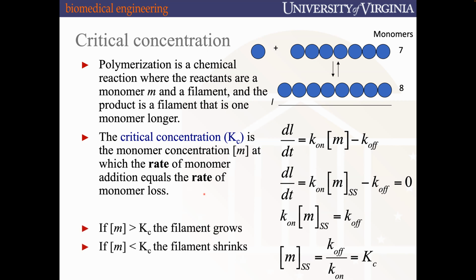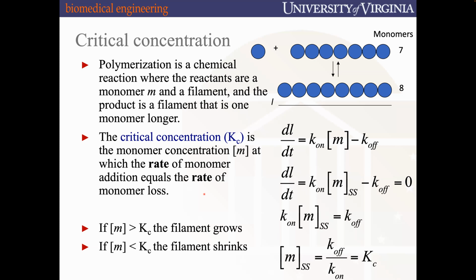Okay, and a reason why we would want to do this is because it becomes a really useful tool functionally. If you think about the concentration where this polymer chain is at steady state, if you have a higher concentration of monomers than that, then your filament will grow, or you can increase polymerization.